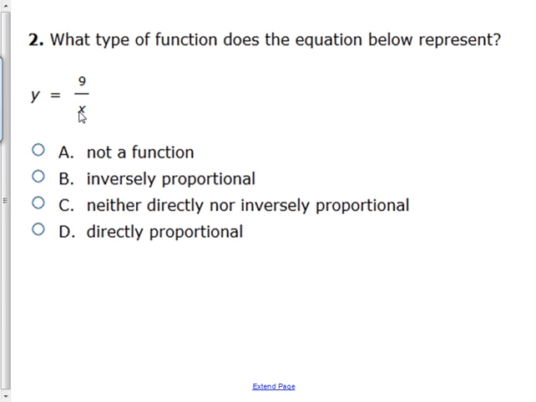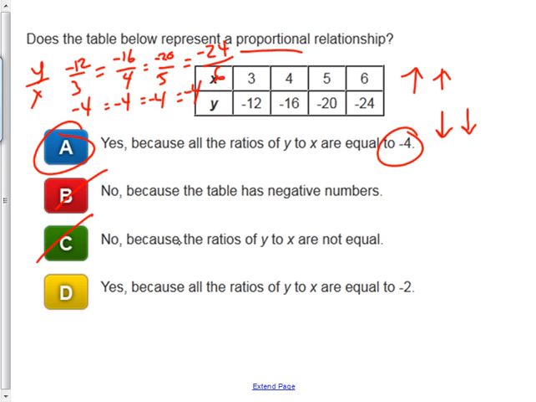All right, so what type of function does this equation below represent? So y equals 9 over x. They don't give us a graph here. There's a couple of different ways to look at this. But remember the differences here. If they're just proportional, like in this problem right here, proportional just means that all these ratios are equal.